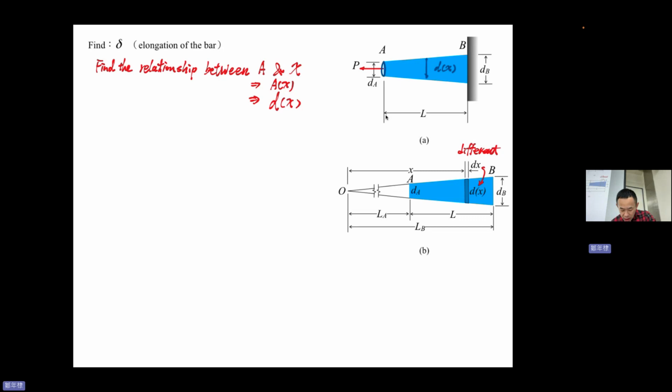Let's do similar triangles again. Well, anyway, I'll draw it by myself. Examine my drawing ability.